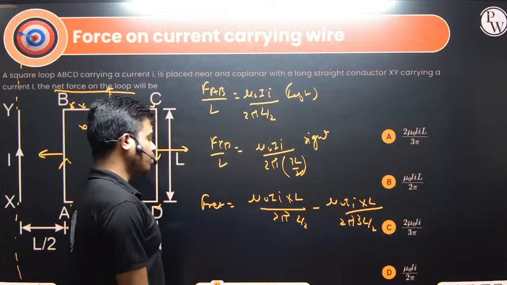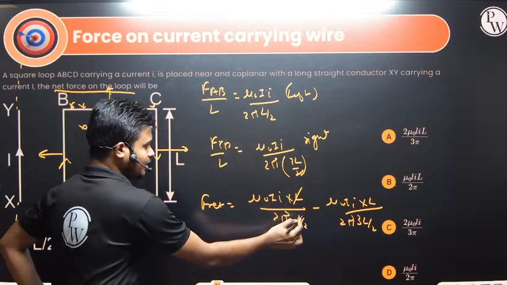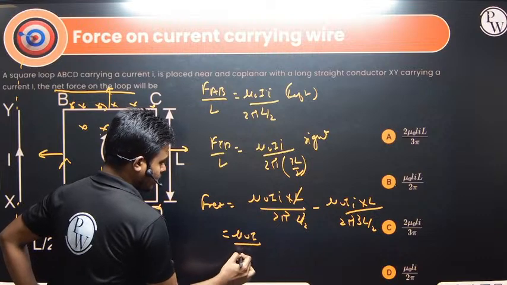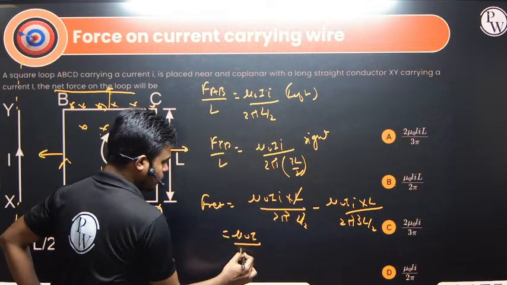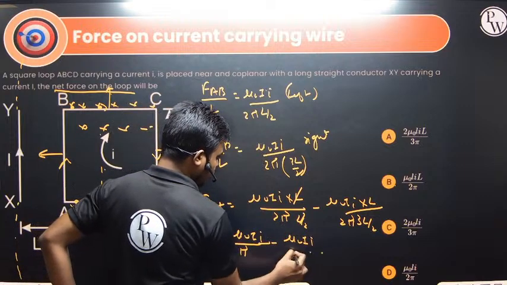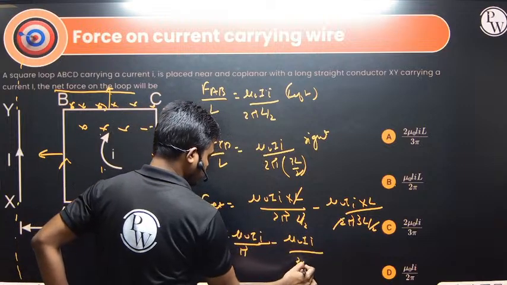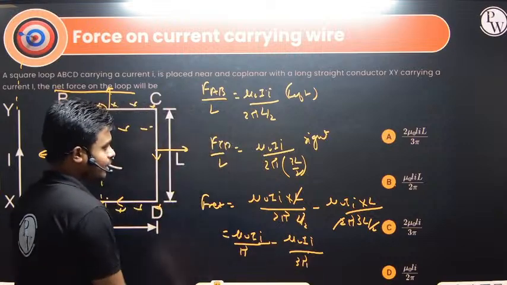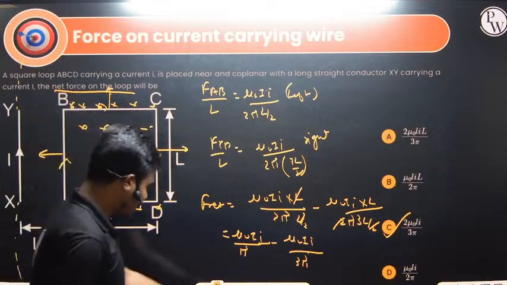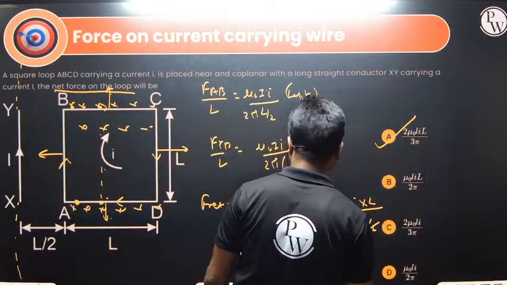This L will get cancelled. So we get mu naught I into small i divided by pi, since the 2 pi cancels, minus mu naught I into small i divided by 3 pi. The answer will be 2 by 3 mu naught I into small i divided by pi.